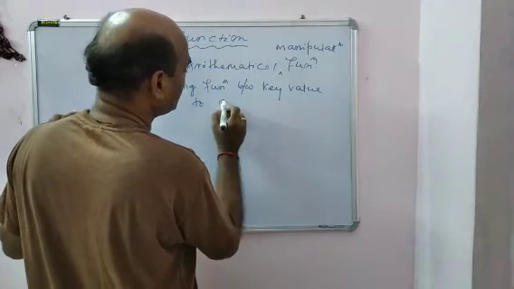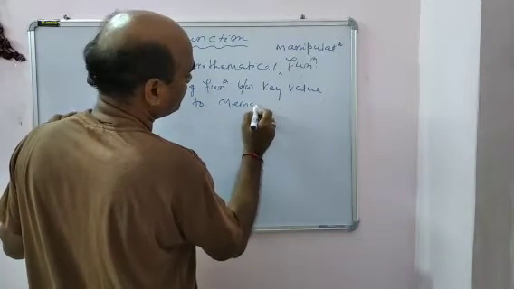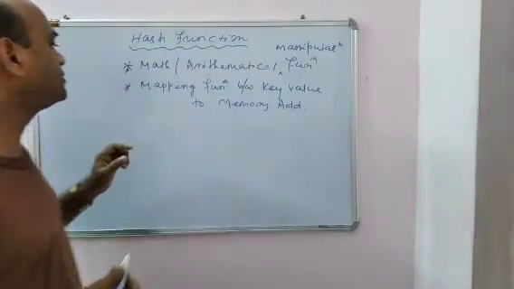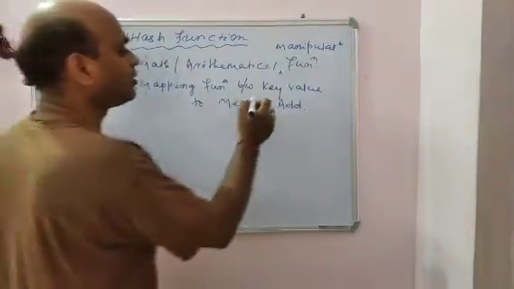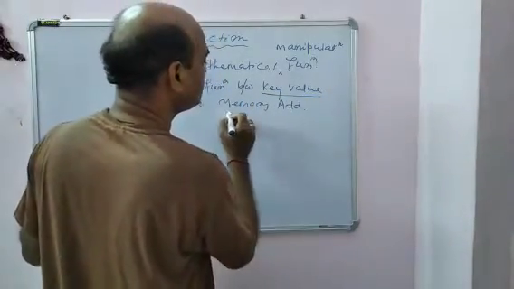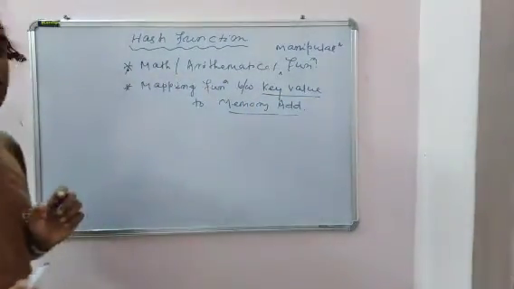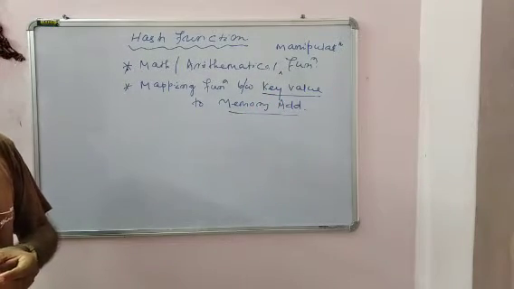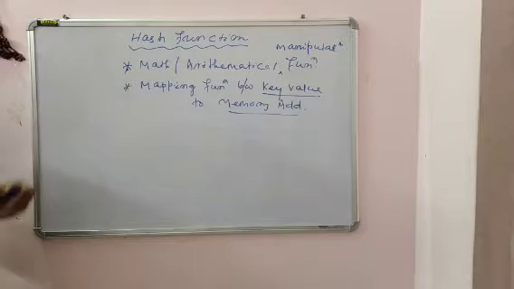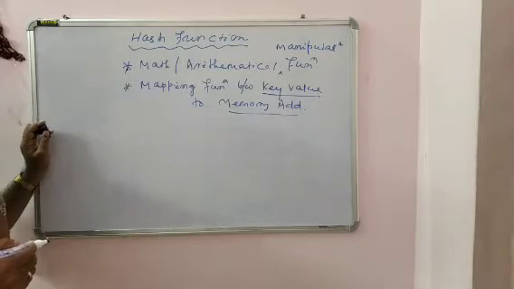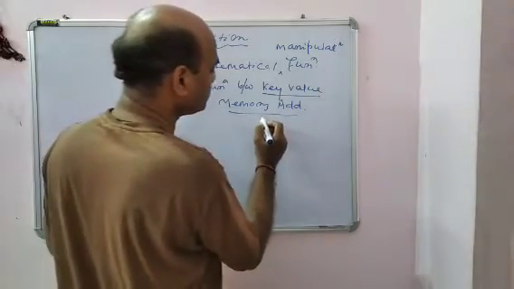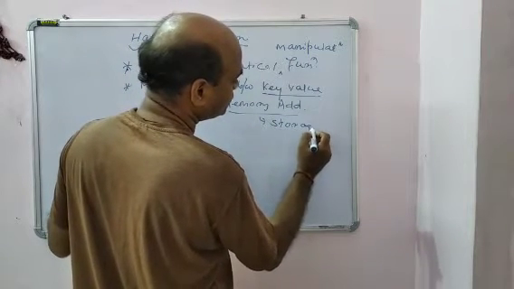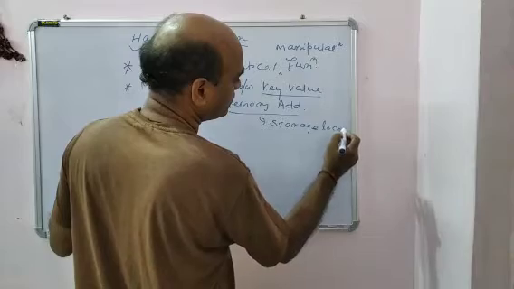It converts the key value to a memory address. So this hash function provides a numerical value for the storage location. This memory address is known as the storage location.